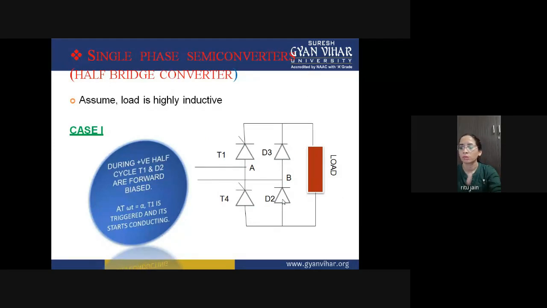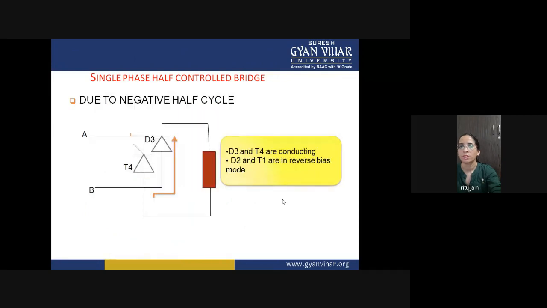So you can see that due to the negative half cycle, D3 and T4 are conducting and D2 and T1 are in reverse biasing mode.